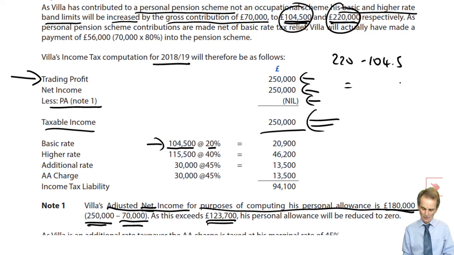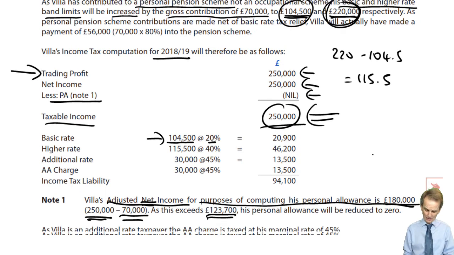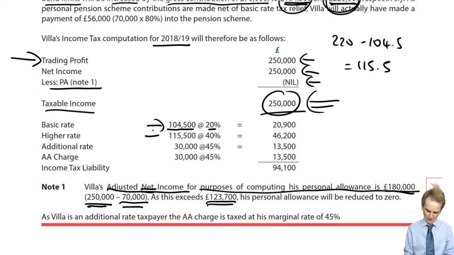The difference between those two is going to be 115,500. Now, because we've got a taxable income of 250, we've gone above 220, so all of that higher rate band limit is used. Again, on that trading profit assessment within taxable income, there's your 115,500, non-savings income, 40%.